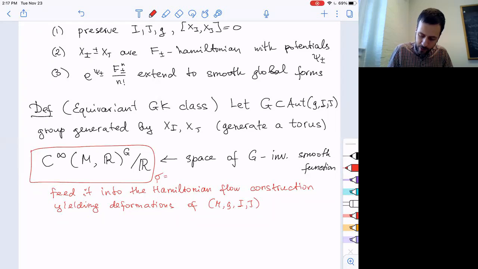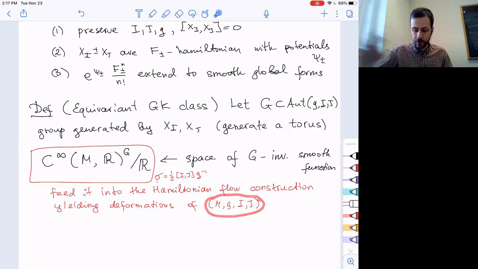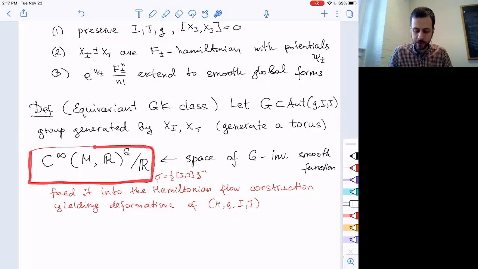Recall sigma in this formulation is 1/2 the commutator of I and J, times G inverse. So you can start with a given structure and apply all possible Hamiltonian flow constructions generated by one parameter families inside this space of smooth functions.